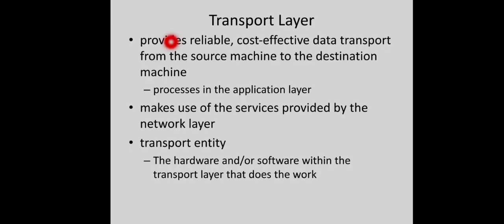The ultimate goal of the transport layer is to provide reliable, efficient and cost-effective data transport from the source machine to the destination machine, of course from the process in the application layer of the sender machine to the process in the application layer of the destination machine, right? It provides this in a reliable, cost-effective manner. How? The transport layer actually provides the service by taking the service of the network layer.